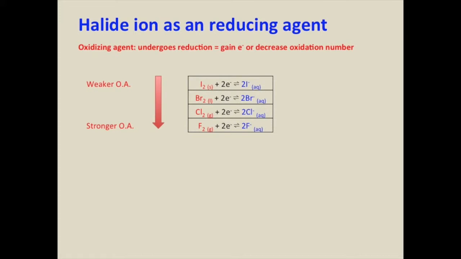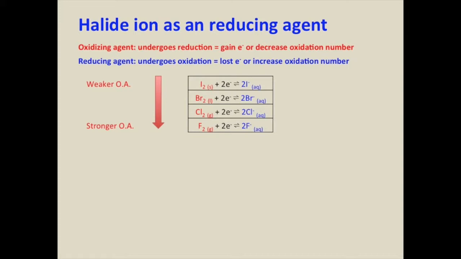And now we understand the halide ion this time becomes a reducing agent. So in the blue sentence, what is meant by reducing agent is a species that undergoes oxidation, or you may say they lose their electron or increase in oxidation number. In the previous slide, we have seen that the iodide ion can turn to iodine, or can lose its electron easier.